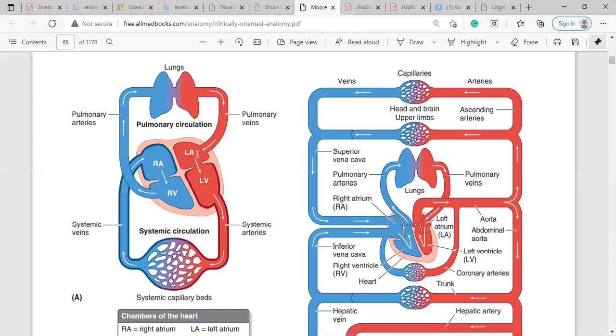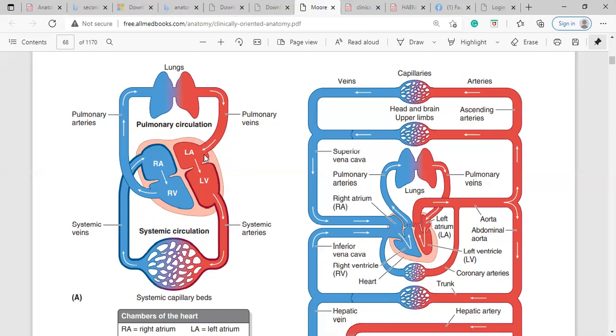I repeat, systemic circulation is the movement of blood from the left ventricle to all your organs and all your cells and all your tissues, and then the blood comes back to the right atrium here. That is systemic circulation. While pulmonary circulation is the movement of the blood from the right ventricle to your lungs and then back to your left atrium. Do you understand that? Yes, sir.